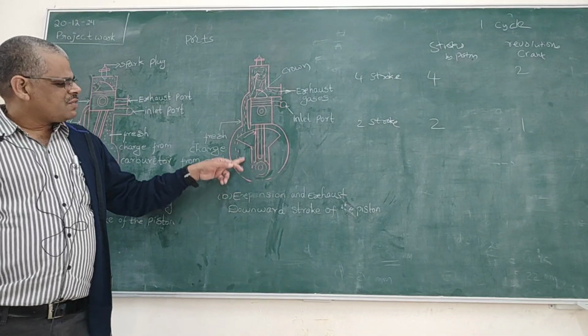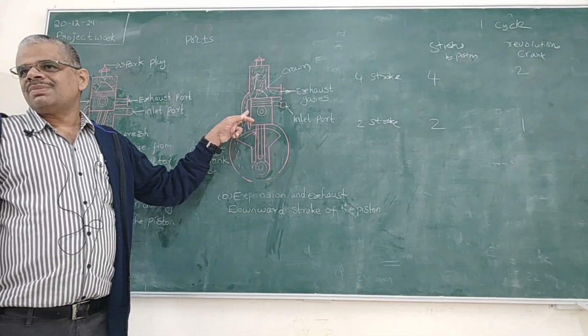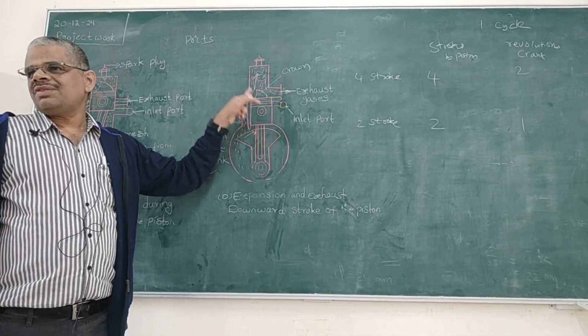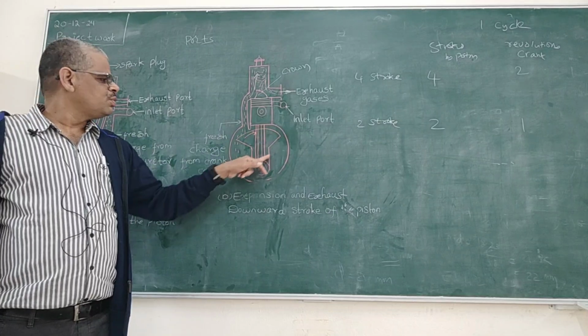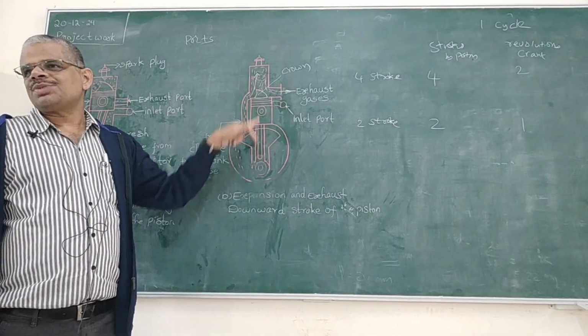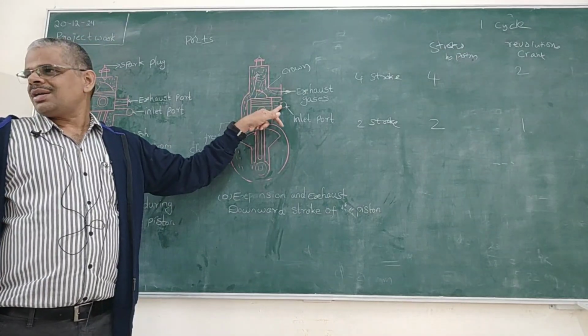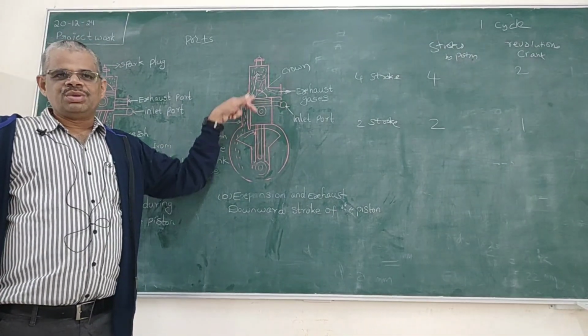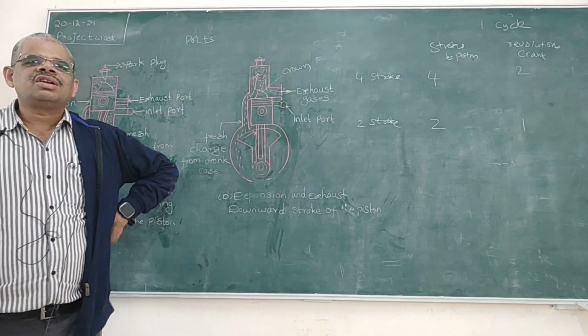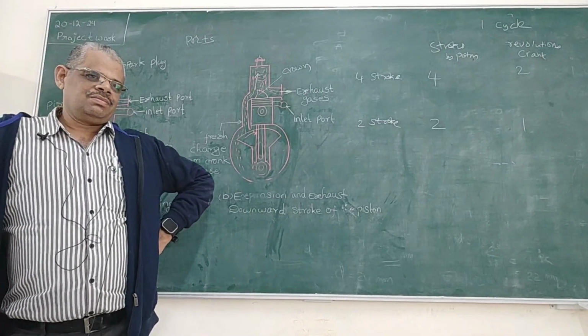And as and when this mixture is circulated to each and every component, so it moves from here to here. During this process, the lubricating occurs. The lubricating oil will come in contact with the moving parts. So the lubrication takes place.